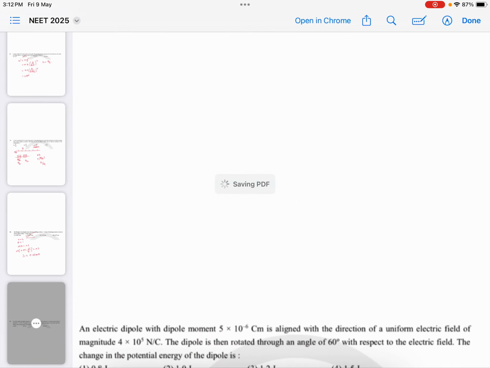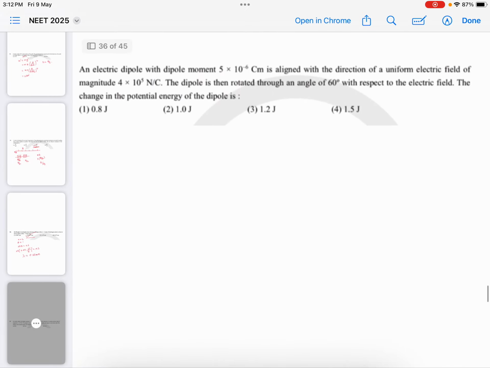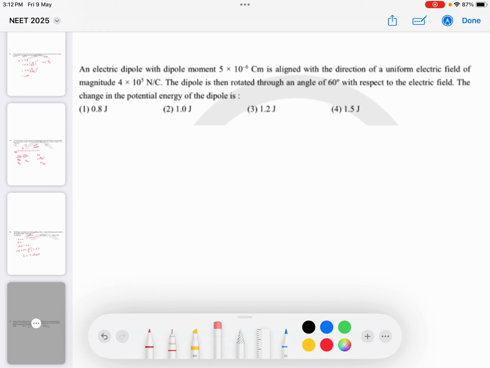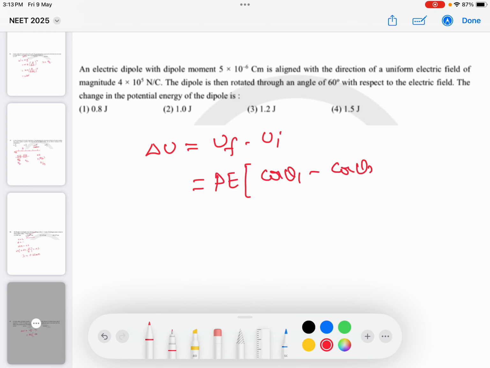Next one, electric dipole, which can be taken in electric charges and fields. So in electric charges and fields, they are asking the change in potential energy. Change in potential energy, delta U is equal to final minus initial, which can be taken as PE into cos theta 1 minus cos theta 2.